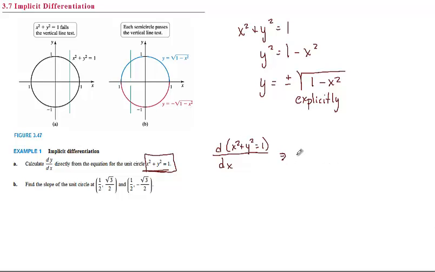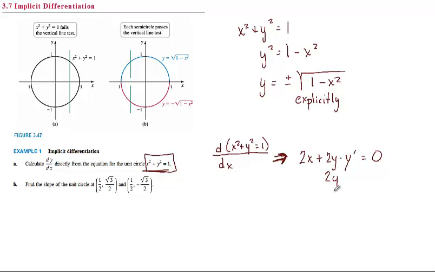Derivative of x squared is 2x, plus the derivative of y squared is 2y, but y might also be a function of x, so I still have to take the derivative of whatever y is multiplied by that, and that is by the chain rule.